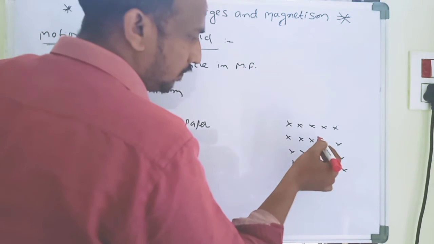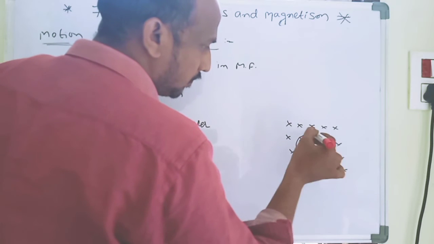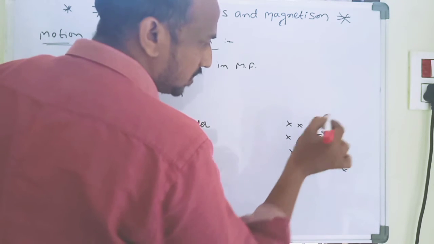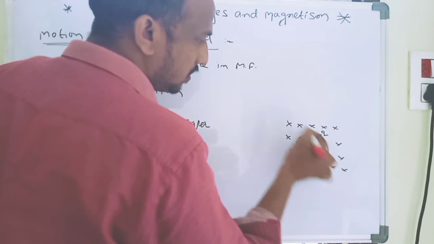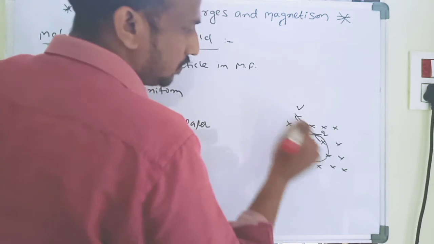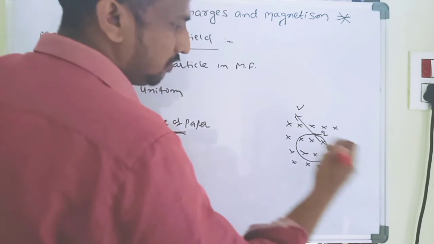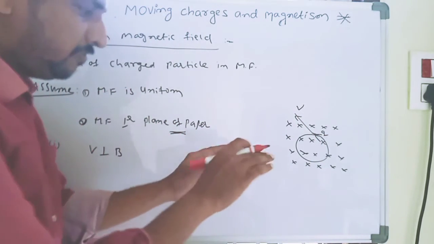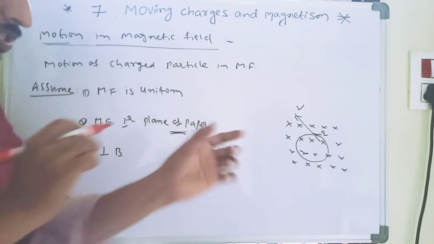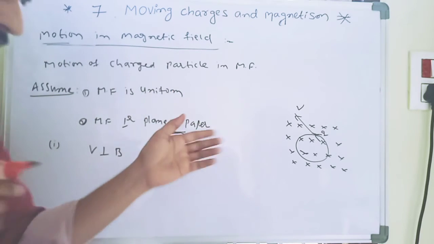So how? This is the direction of the charged particle, this is the velocity of the charged particle, velocity along the tangent. This is the magnetic field.